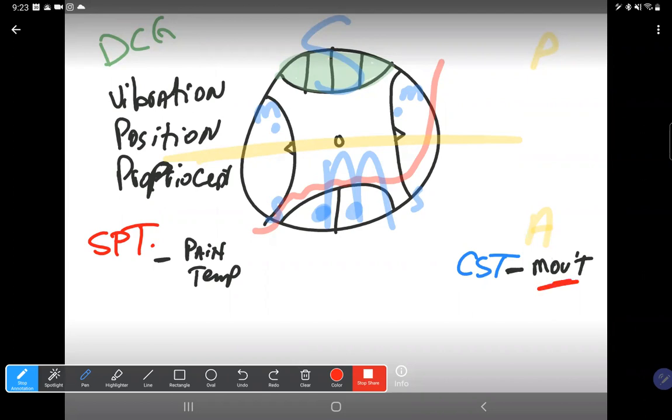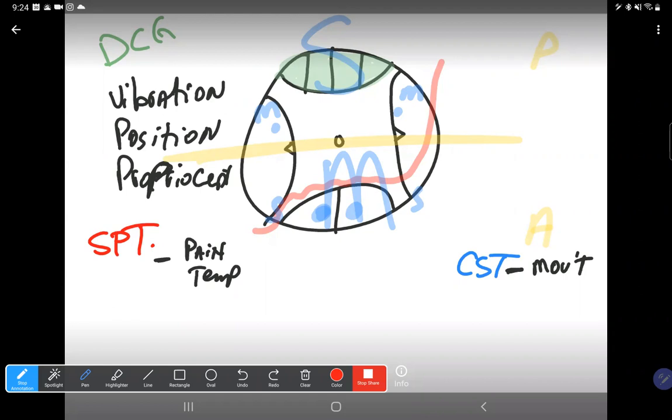For the most part, it deals with movement. That's its thing. What that means is if I damage my corticospinal tract, I'm going to have movement issues, like maybe hyperreflexia, maybe hyporeflexia, maybe hyperextension, excessive extension, like the Babinski sign.